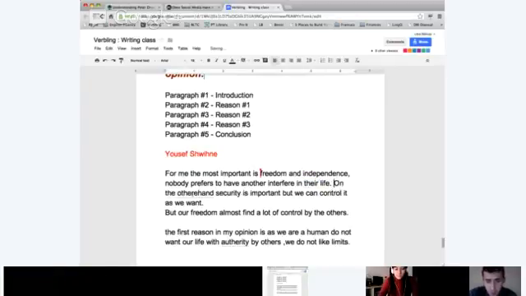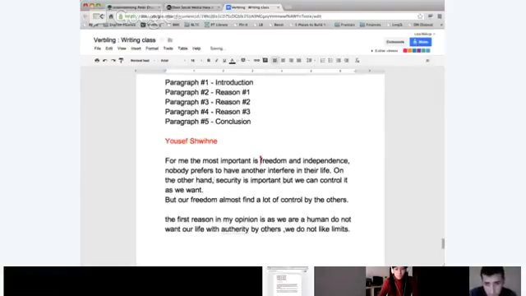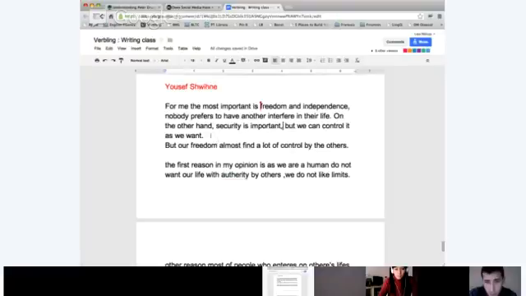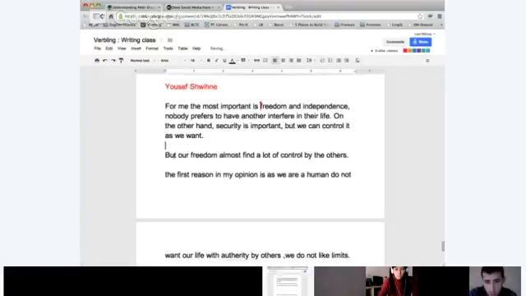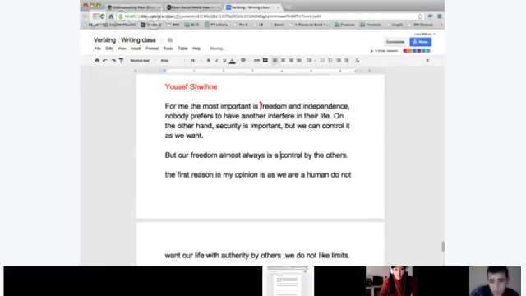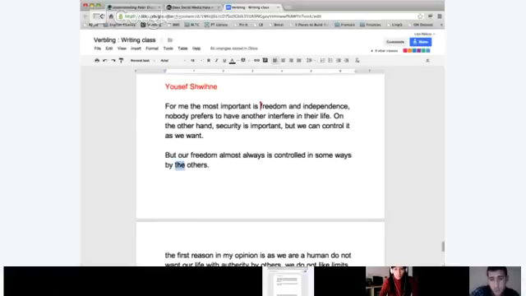On the other hand, security is important, but we can control it as we want. But our freedom, I would say almost always, is controlled, in some ways, by others.